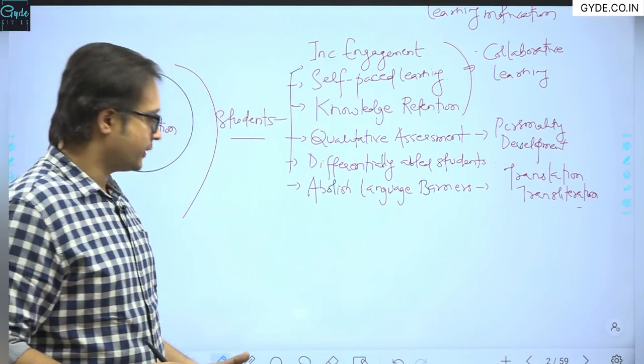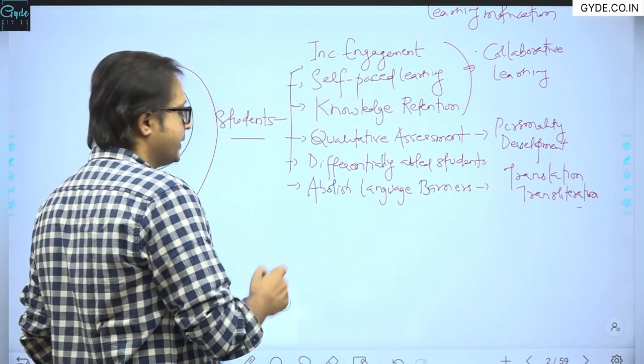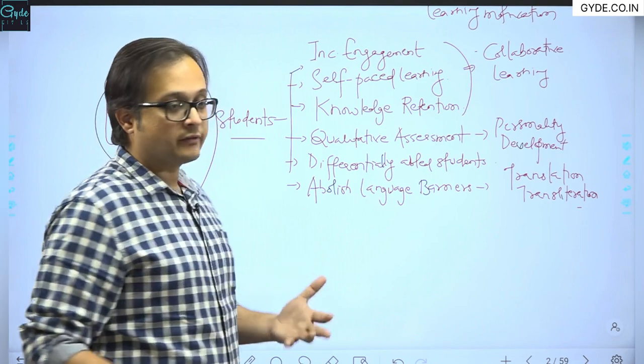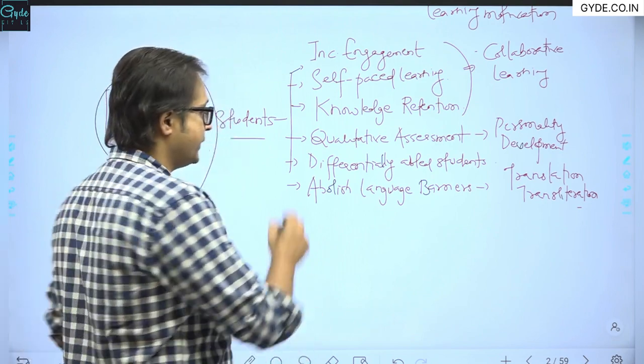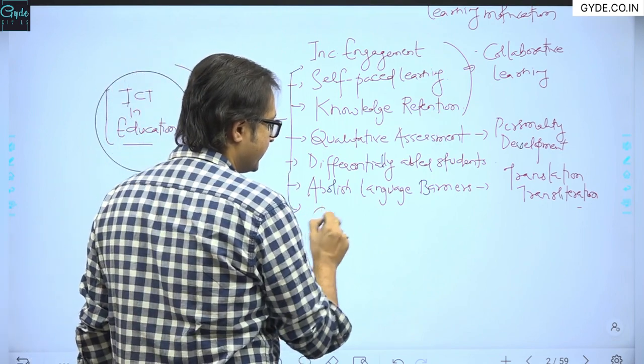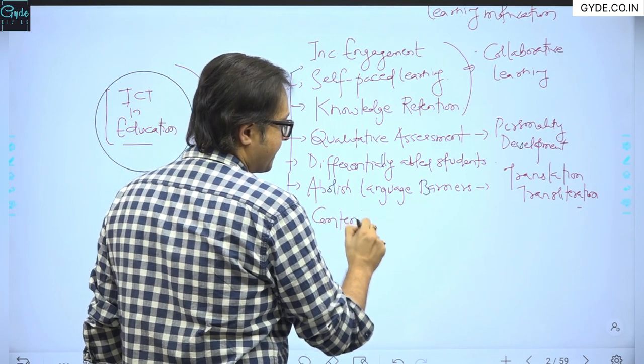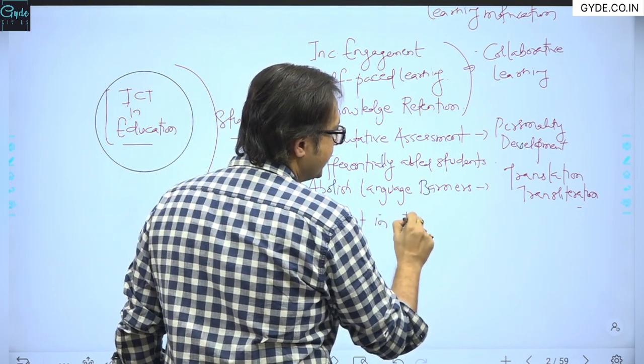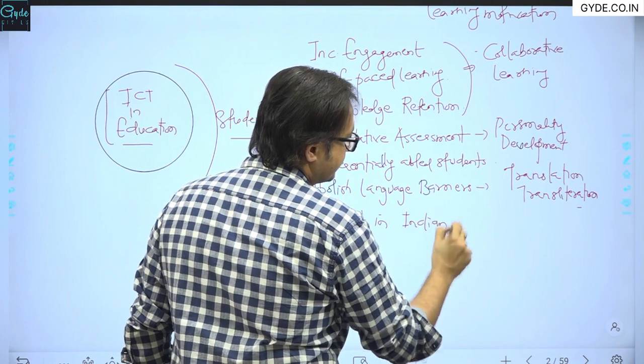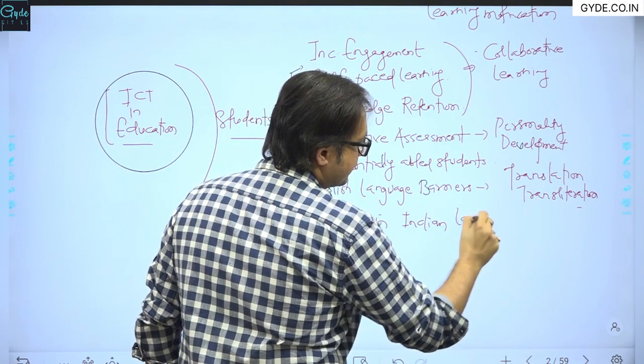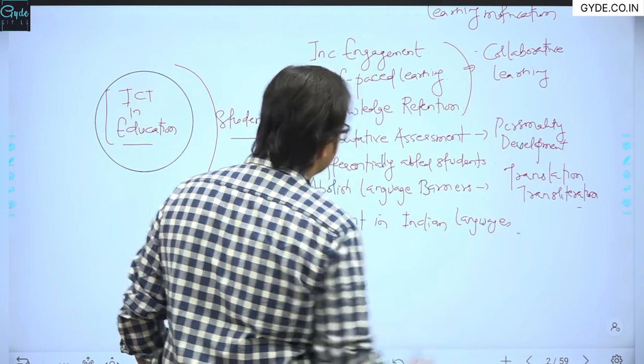That can also be generated over here, right? Content can also be provided in their local languages, in the Indian languages, right? Availability of content in Indian languages also, right?